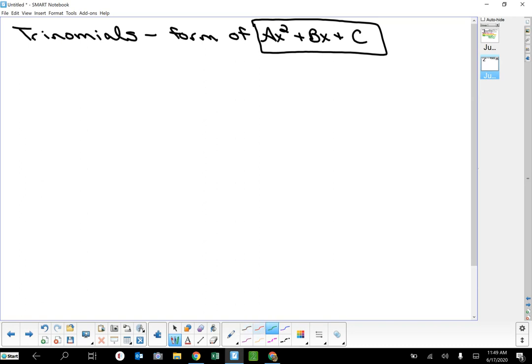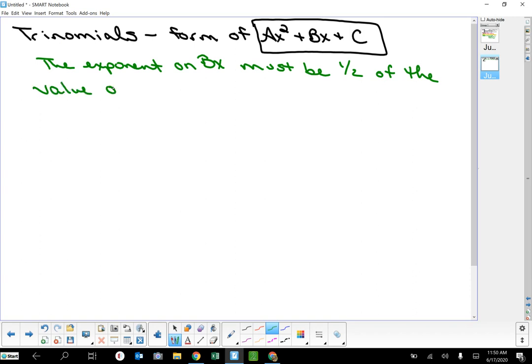However, there's actually kind of a strange offshoot of these where the exponent on bx must be half of the value of the exponent on the ax squared term to use X method.